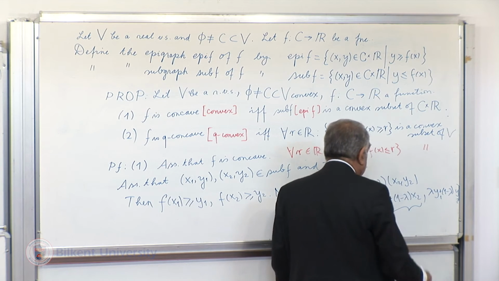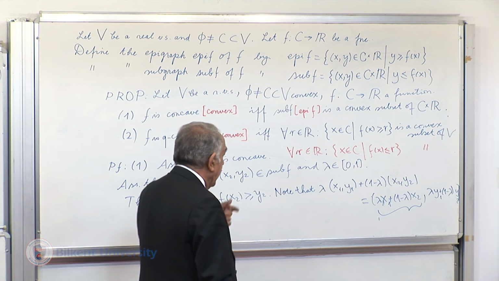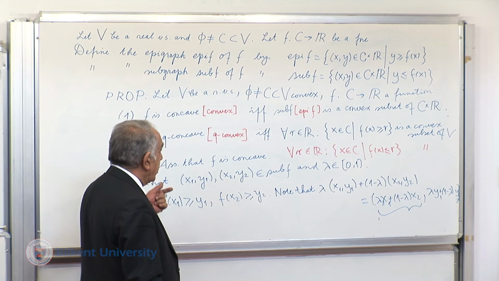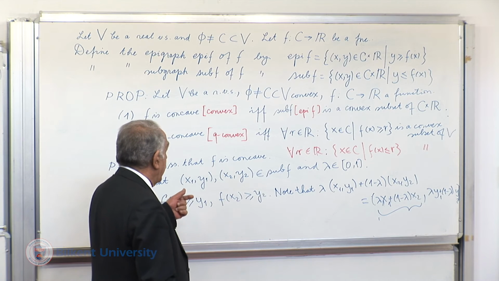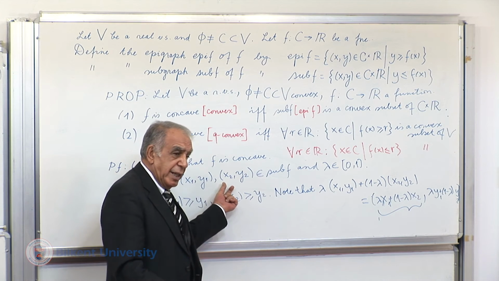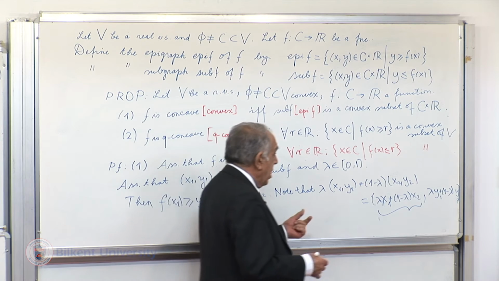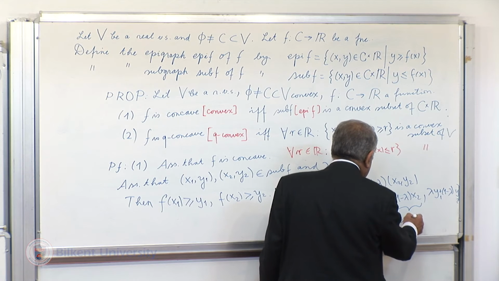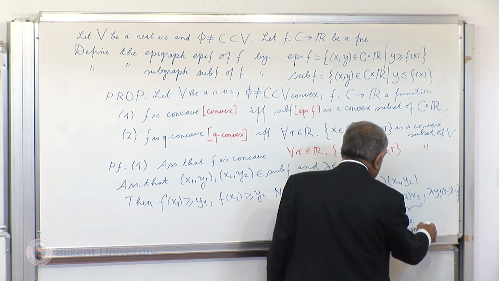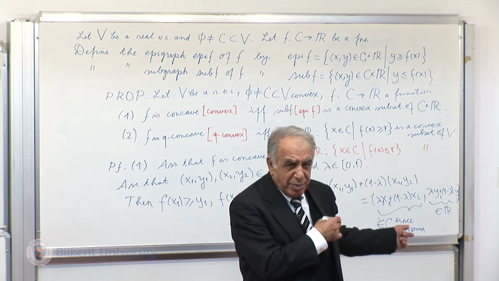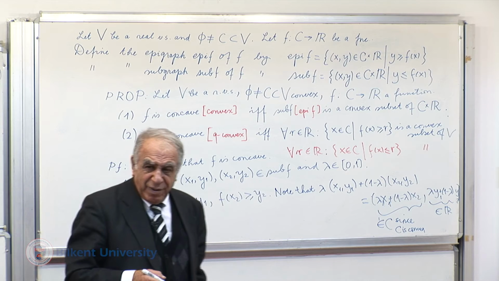Now, what do we know about this? x1 and x2 belong to C. If these are in the subgraph, x1 and x2 belong to the domain of the function, but C is convex. This is in C since C is convex. This is in R, since R is convex, but it suffices to note.